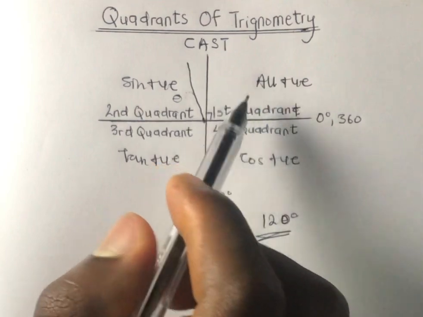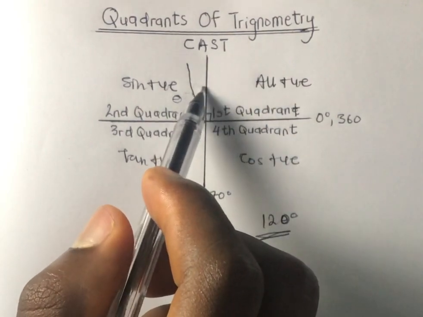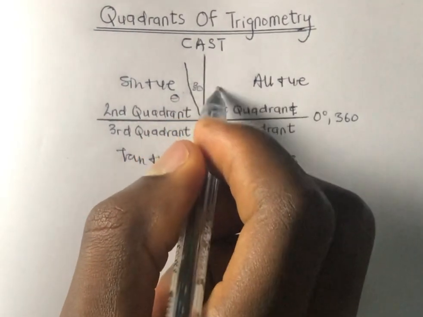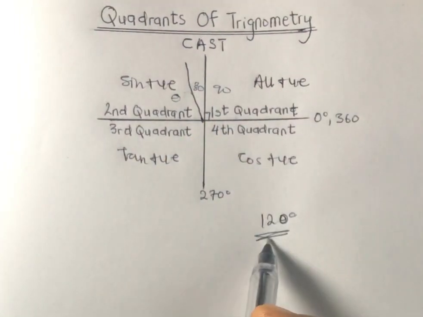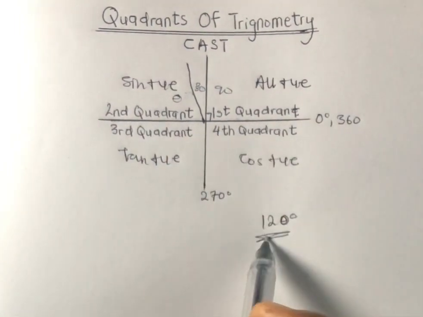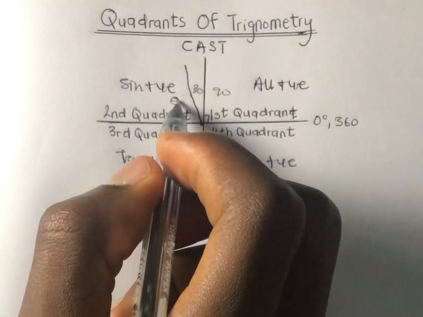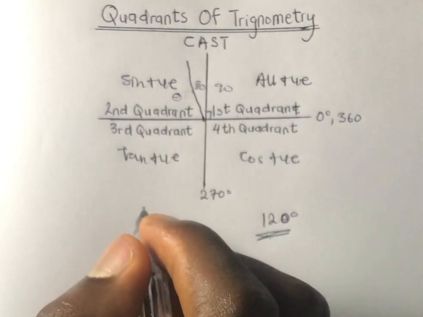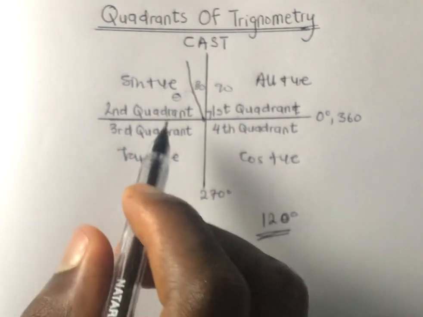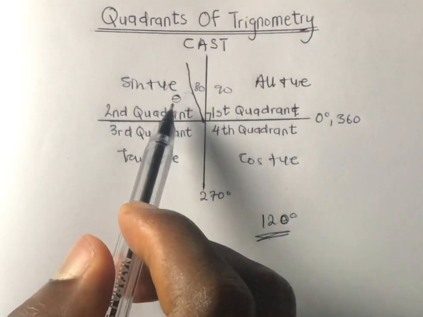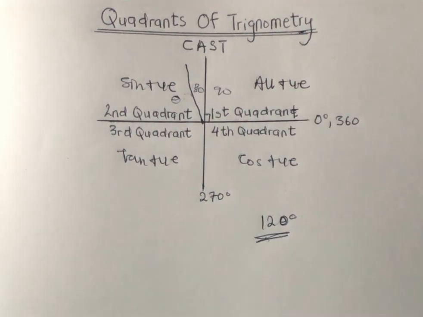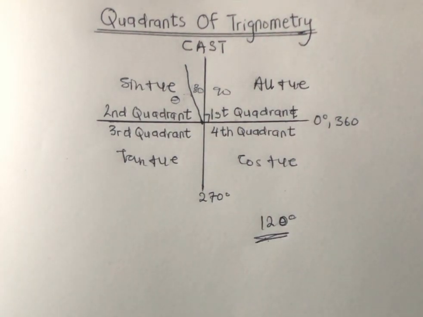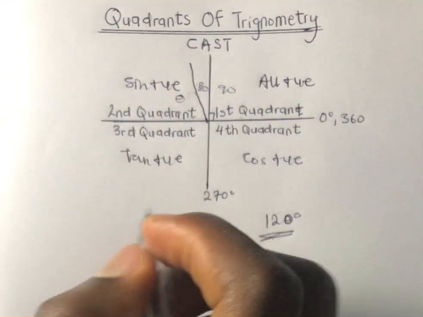Okay, so this angle gives us 30 degrees. Since 30 plus 90 gives us our 120 degrees, therefore sine 120 is actually equal to this theta, and this theta is equal to 60 degrees. Therefore, in the second quadrant, sine 120 degrees is equal to 60 degrees.